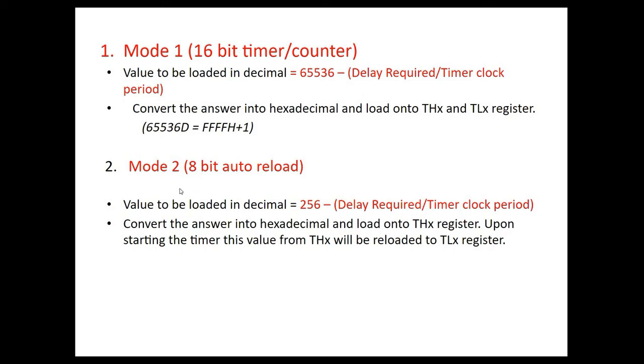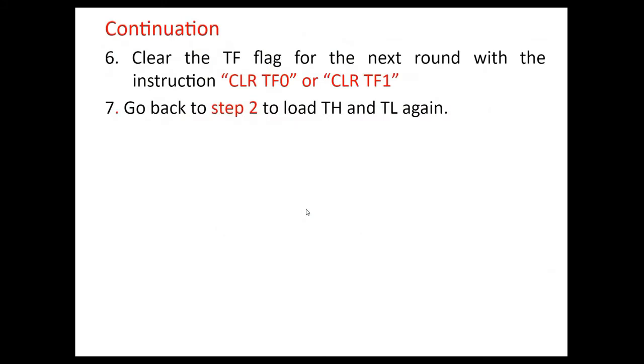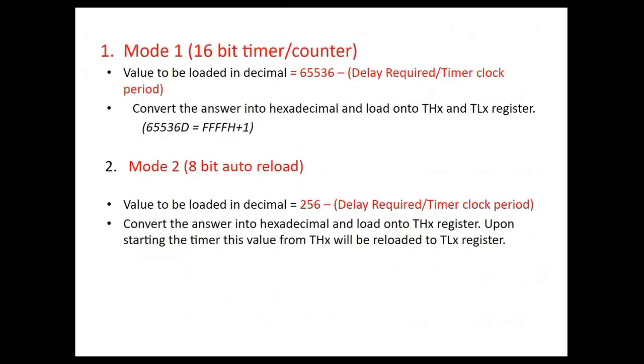If it is mode 2, then instead of 65,536 we need to take 256, because 2 power 8 is 256. To find out what value to be loaded in decimal, we subtract the delay required divided by the timer clock period from 256.